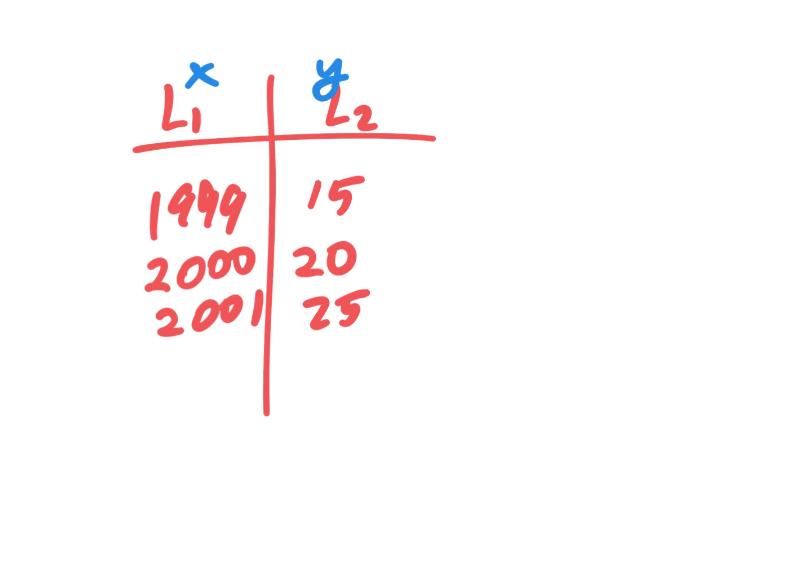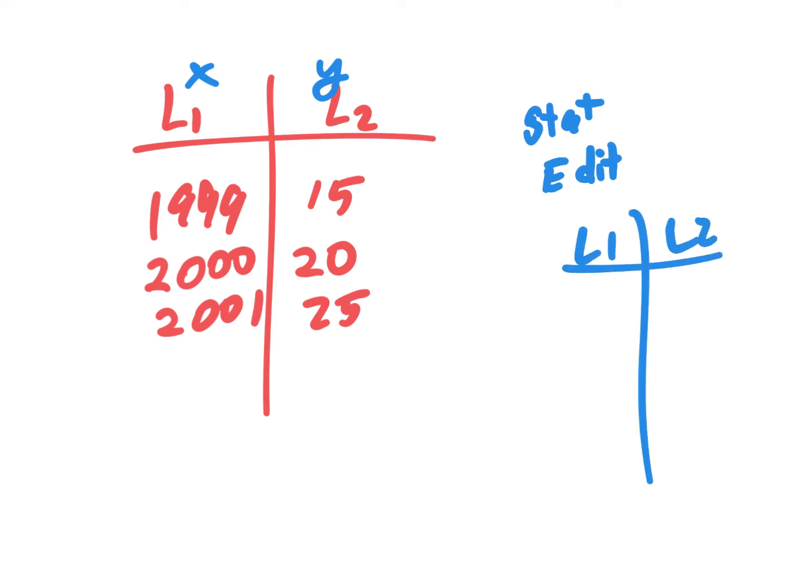So go to your graphing calculator and hit the Stat button. And under Stat, you're looking for Edit. And under Edit, when you hit Enter, you will see an L1 and an L2 list where you can enter the data just like I just told you right here. The DEL key is the best one to delete out old data that might be in there.